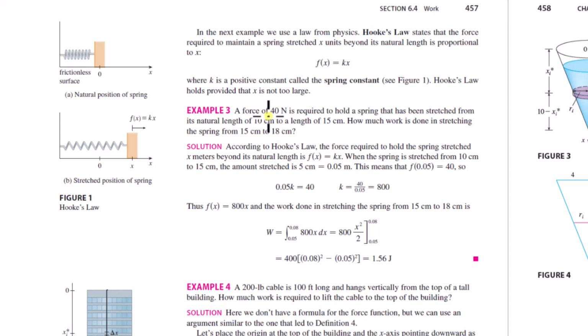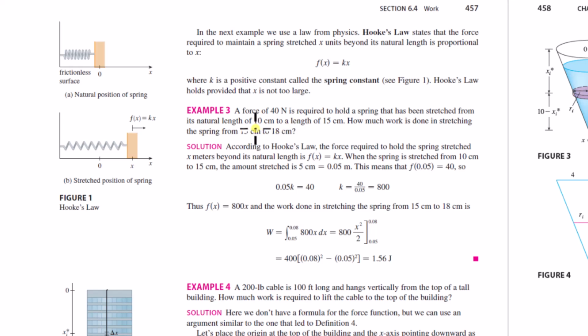Okay, so if a force of 40 newtons is required to hold a spring that has been stretched from its natural length of 10 centimeters to a length of 15 centimeters, then you can use this information to get the spring constant. Now that you have the spring constant, you've got force as a function of x, but x is not just x, it's the displacement from the unstretched position.